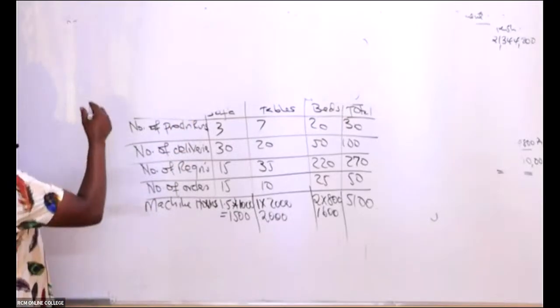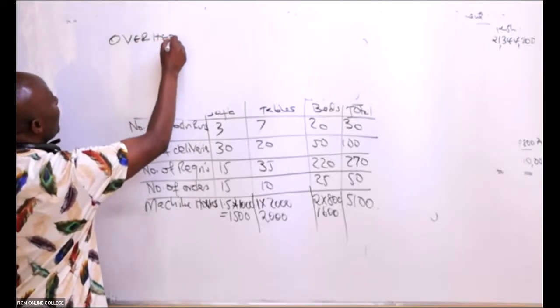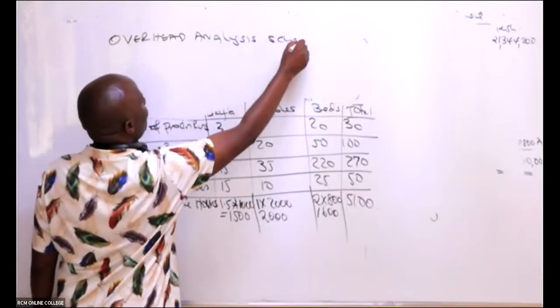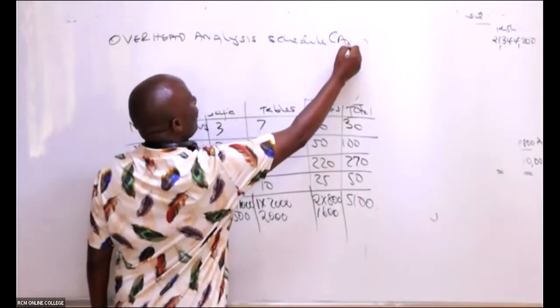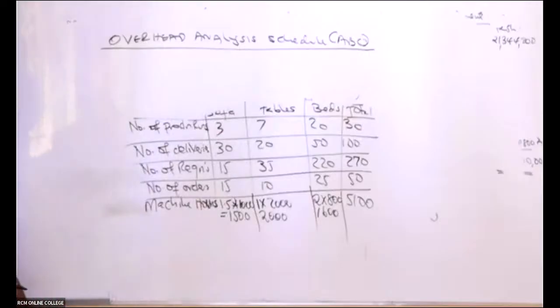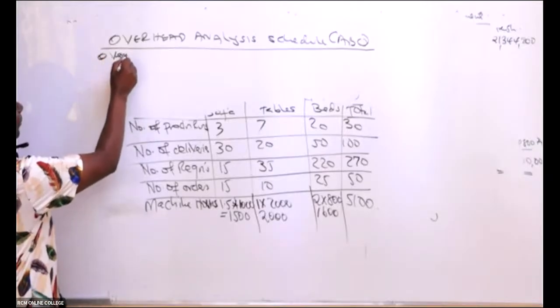And remember, we are using a very important model called ABC. So then you have your overhead here.